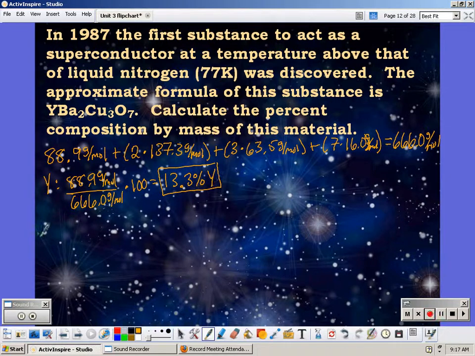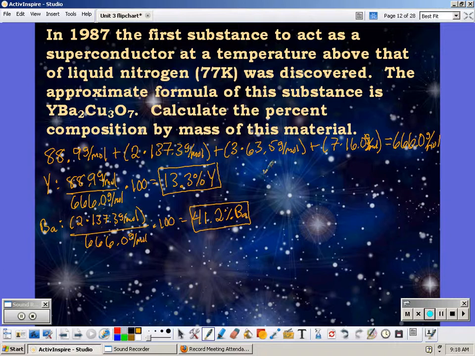So then for barium, we had 2 bariums, so we need to take that into account when we do the mass of barium for this compound, divided by the mass of the whole compound, times 100. So we have 41.2% barium.